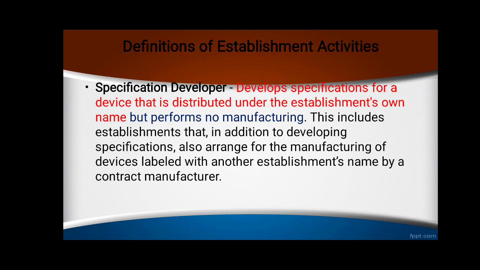A specification developer develops specifications for a device that is distributed under the establishment's own name but performs no manufacturing. This includes establishments that, in addition to developing specifications, also arrange for manufacturing of devices labeled with another establishment's name by a contract manufacturer.